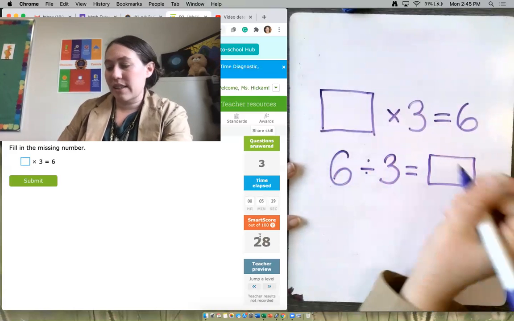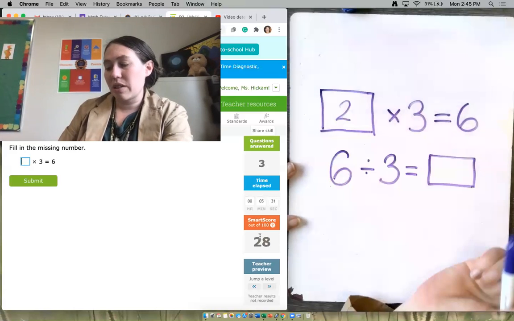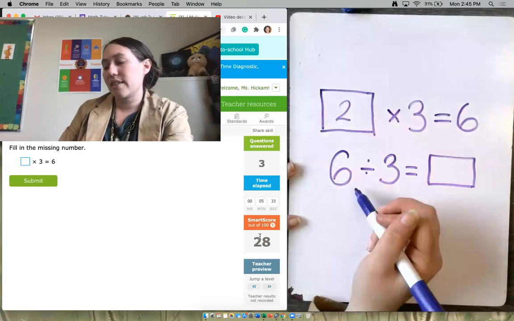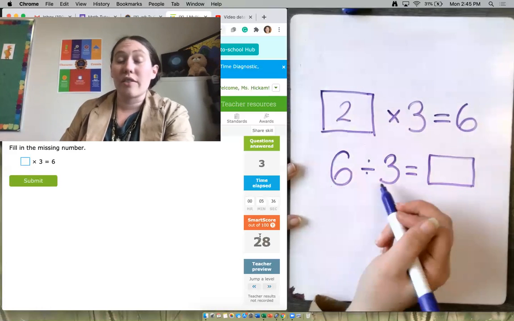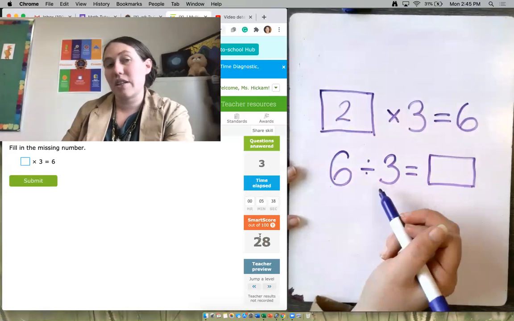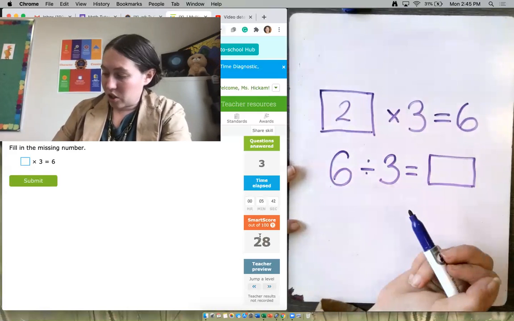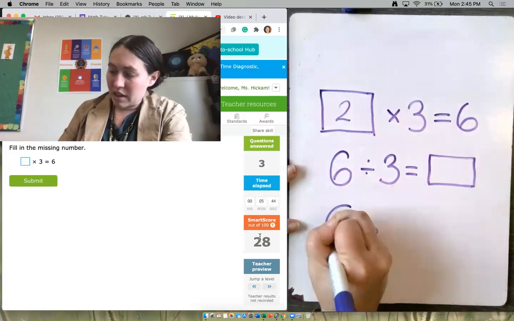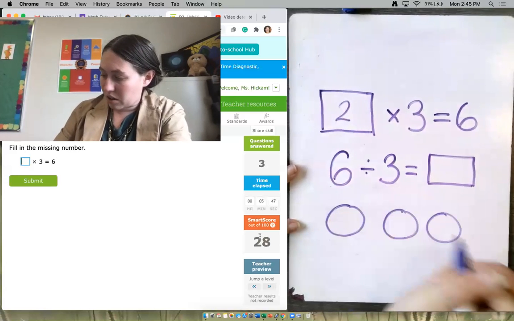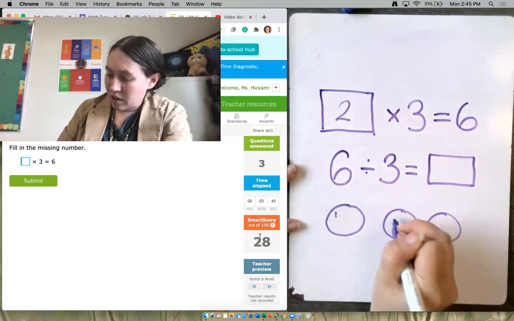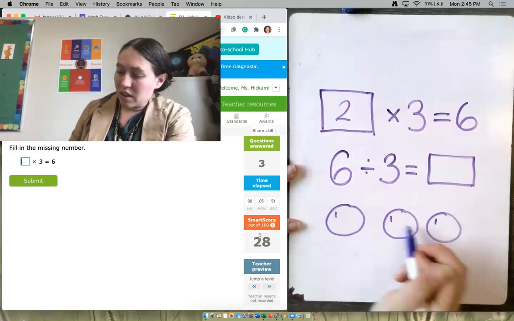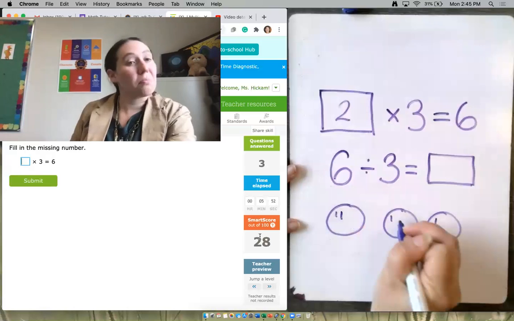So that means 3 times 2 equals 6, or there's 6 groups, or if you divide 6 up, there's 2 in each group of 3. Okay, 1, 2, 3 groups. I have 6, so I have to do 1, 1, 1, 2, 3, 4, 5, 6. There's 2 in each group.